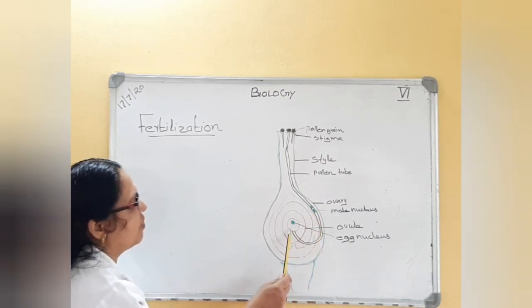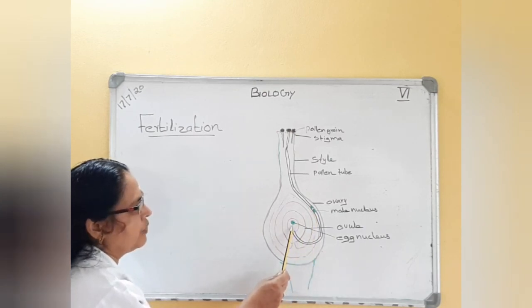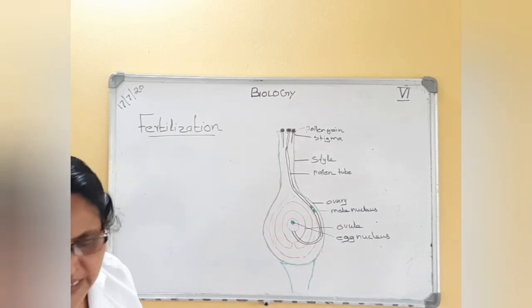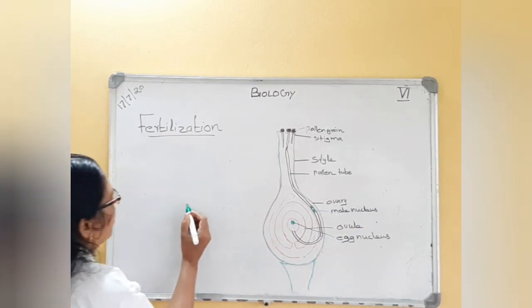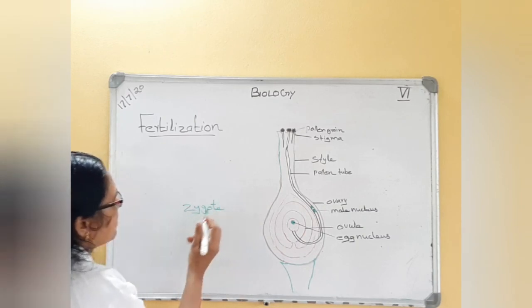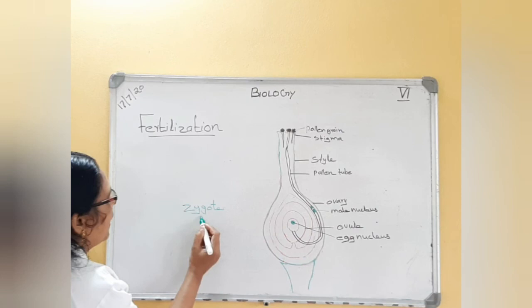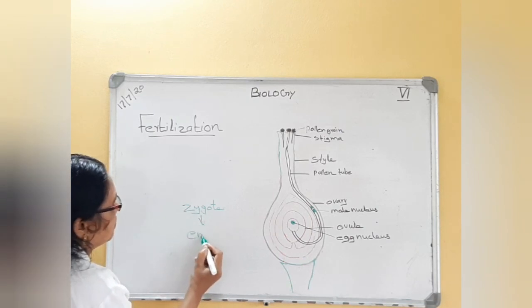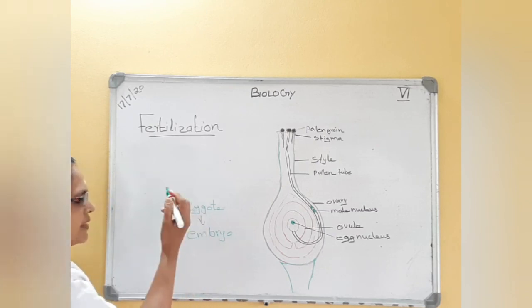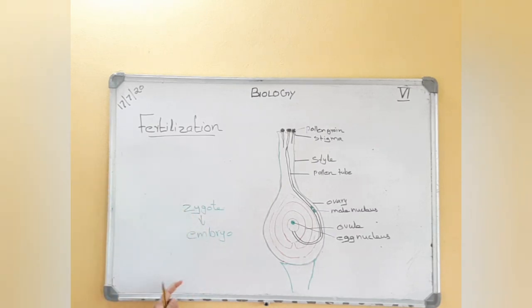When they reach the ovary, the male nucleus reaches here and fuses with the egg nucleus and forms the zygote, the product of fertilization. That zygote develops into the embryo. And that embryo is the baby plant found inside the seed.